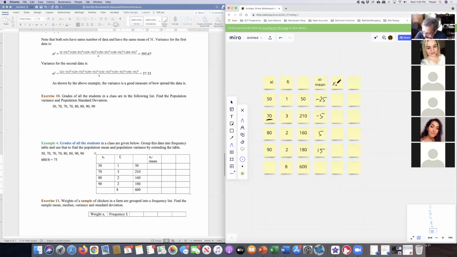And now we're going to square. So xi minus mean, squared. That's what you're going to do next. And that'll be 25 squared is 525, 5 squared 25, 5 squared 25, 15 squared 225. And you add them, and that will be 550, 575, 600, 800.